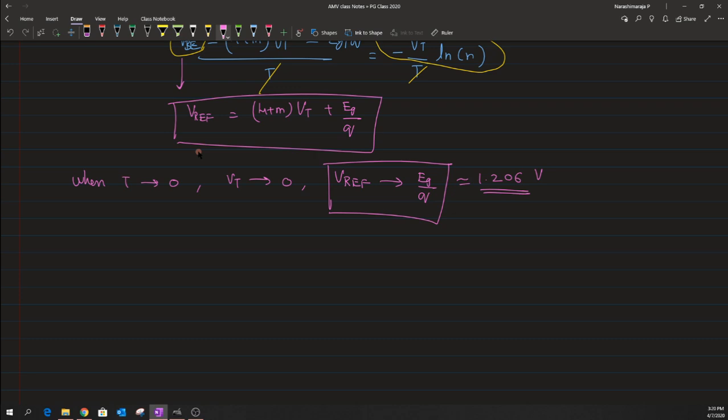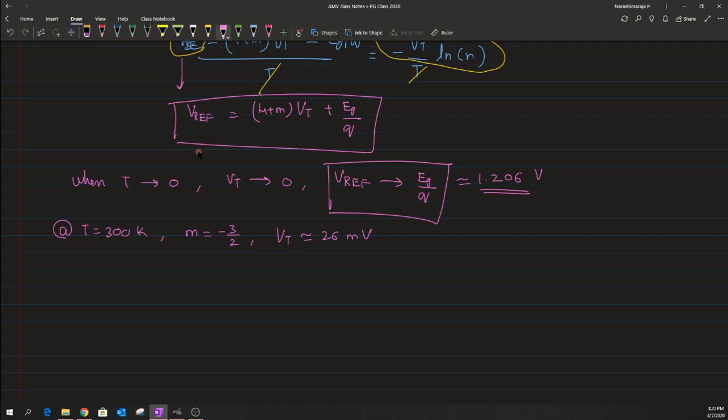So having said that, let us evaluate the V reference at room temperature. At room temperature we have 300 Kelvin, and under that condition, substituting a value of m equal to minus 3/2, we have a thermal voltage of approximately 26 millivolt.